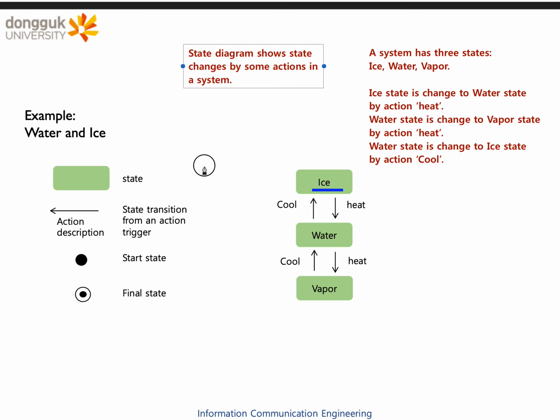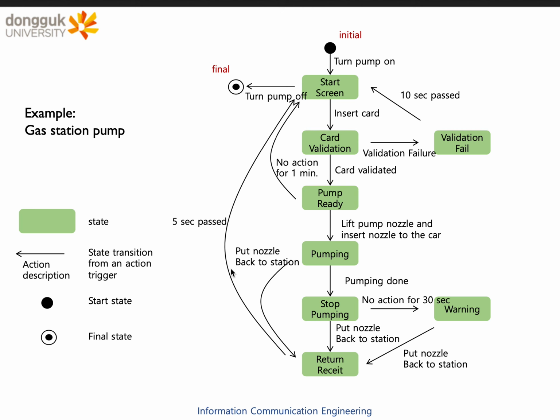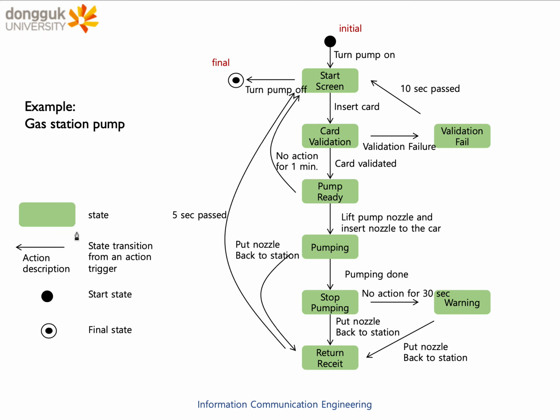So here is a state diagram. But this diagram doesn't have any start and final state, whereas a typical state diagram has a start state and a final state. Here is another example: a gas station pump system.